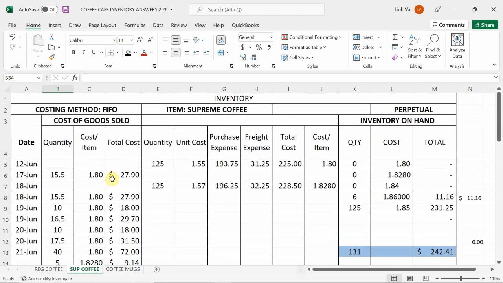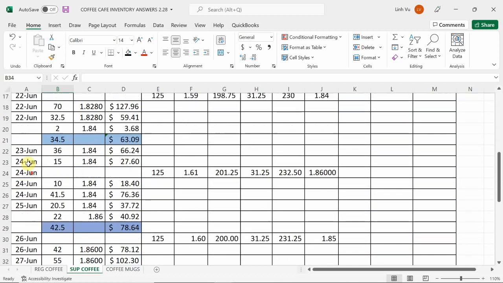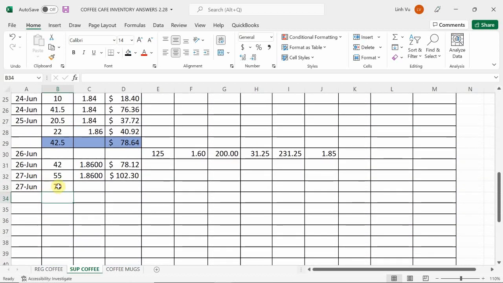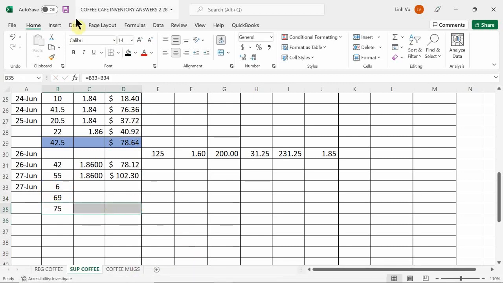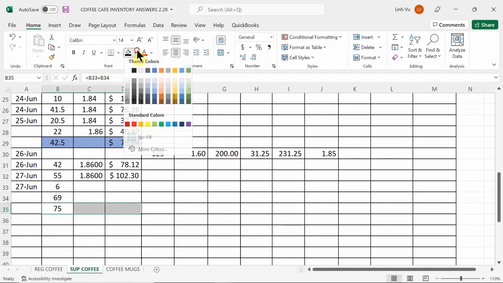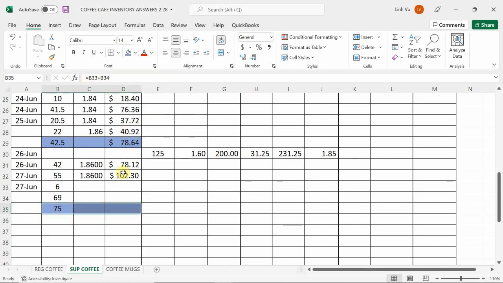But at least I know 6 of those pounds at $1.86 is going to be $11.16. So at least I know that much. Okay, so 6 pounds. So that means I need to figure out how many more I need to keep selling. In this case, I have to sell exactly 69 pounds to be able to reach a total of 75. Okay?